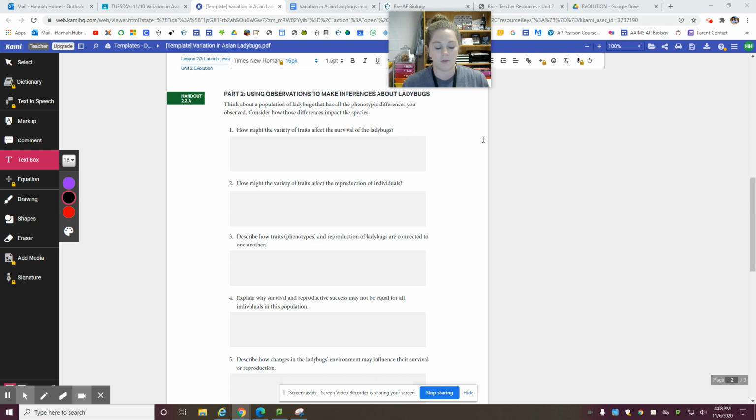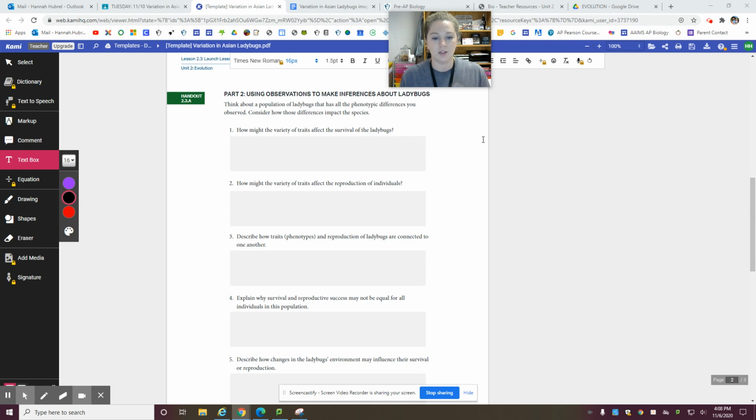If they are all different colors, does that give some a chance of better survival than others? So at least some ladybugs get to survive. So 2, how might the variety of traits affect the reproduction? So if they're dead, are they going to be having babies? No. So if they blend into their surroundings and they have a higher chance of surviving, like number 1, then they're going to have a higher chance to reproduce.